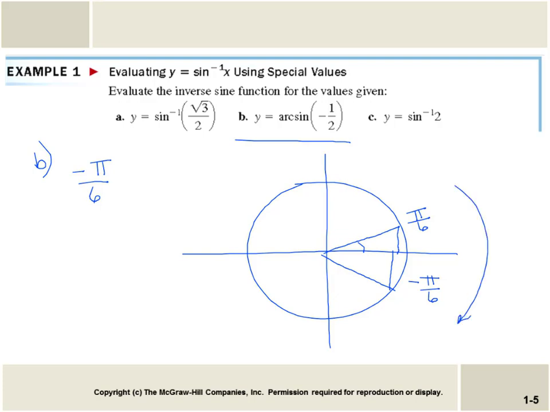So here, if I'm only defining it, I know the cosine's got to be in one of these two quadrants. But can it be 11 pi over 6? Can I say it's minus pi over 6 or 11 pi over 6?